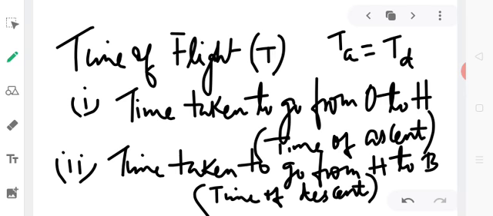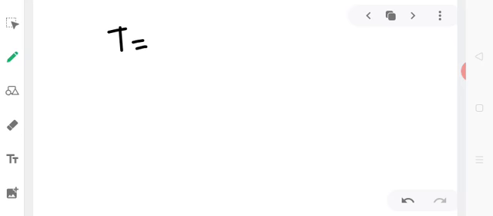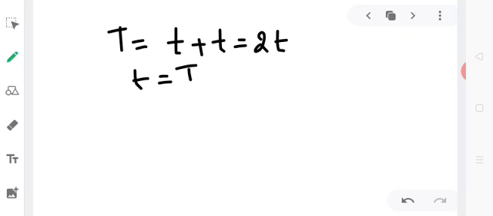And total time of flight will be equal to time of ascent plus time of descent. Simple. So we can write T equal to time of ascent plus time of descent, or you can write small t equal to T by 2.